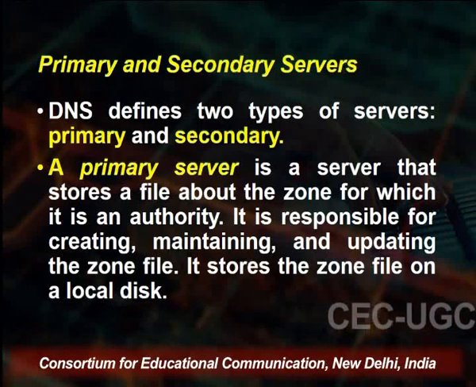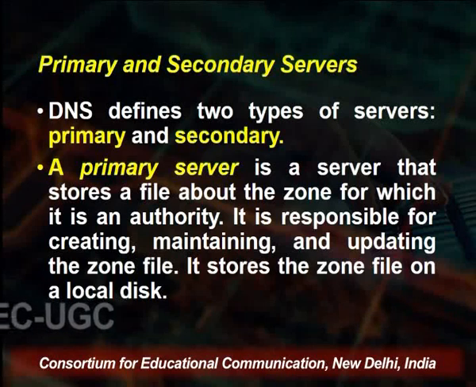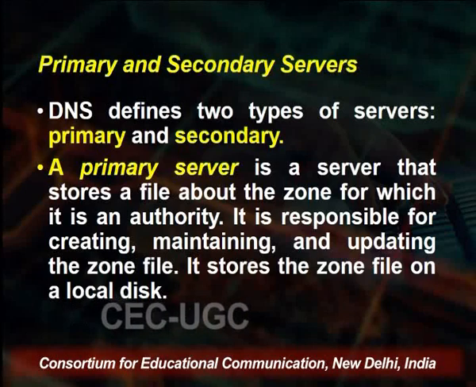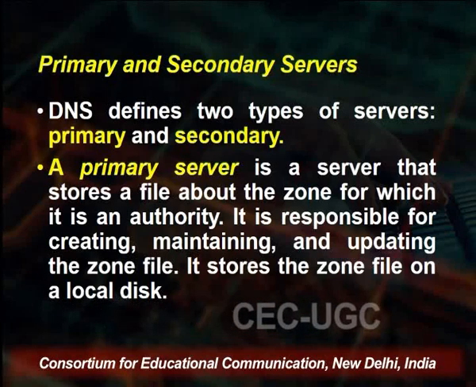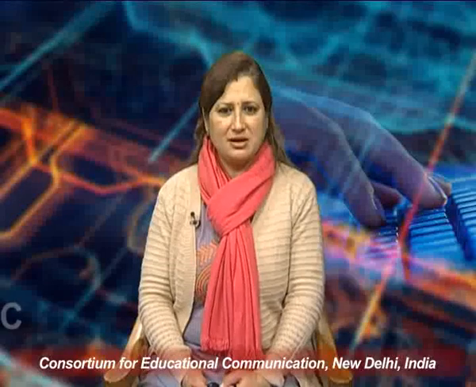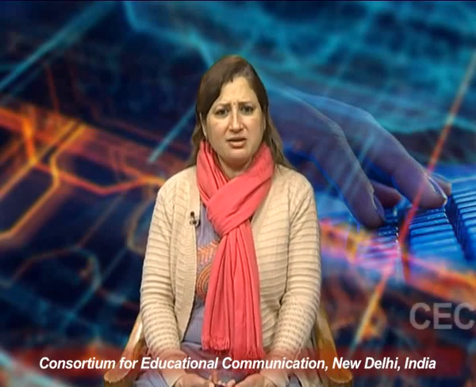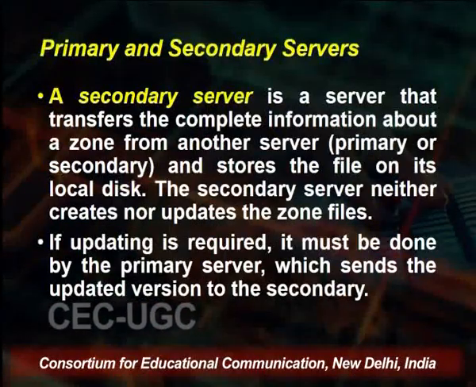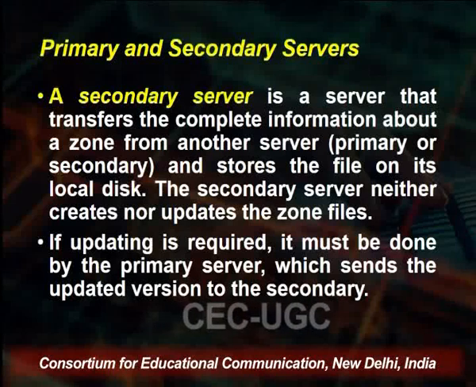It is responsible for creating, maintaining and updating the zone file, and it will store the zone file on a local disk. So basically the primary server is going to create, update and maintain the entire information about its zone in a zone file.